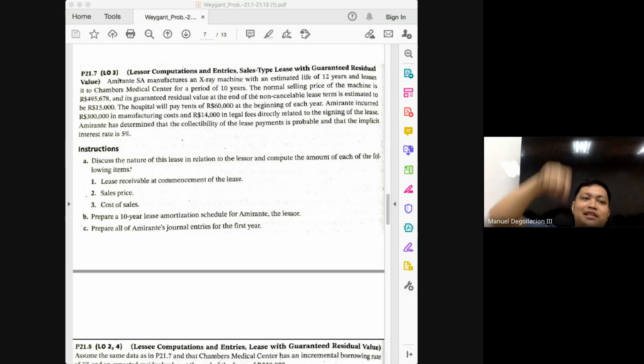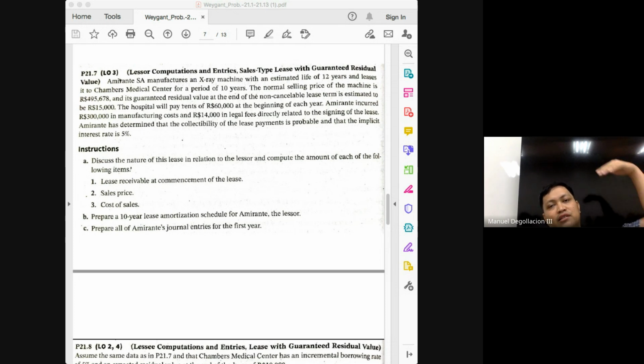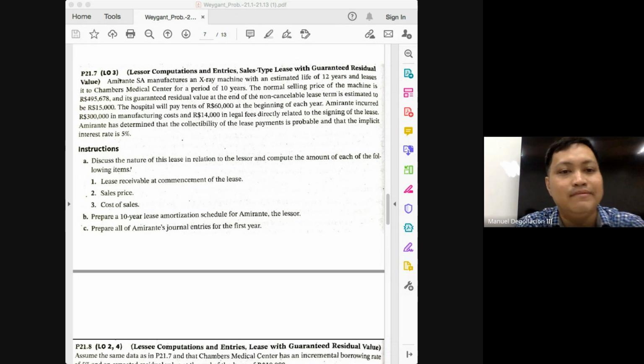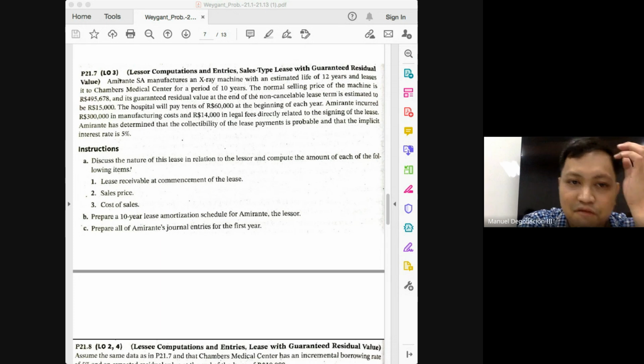So instead of recognizing interest receivable, you just incorporate it into your lease receivable so that by the time you receive the payment, you will just deduct the entire 60,000. So how much is 457,462 minus 60,000? Is it 397,462? So that is the amount that will be outstanding for the entirety of year 2.